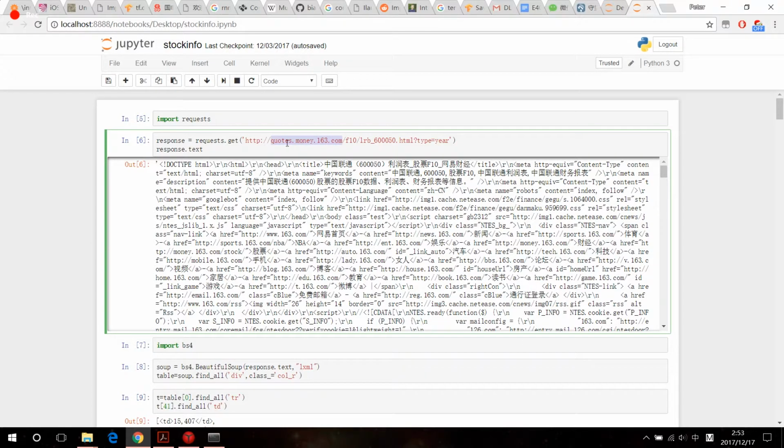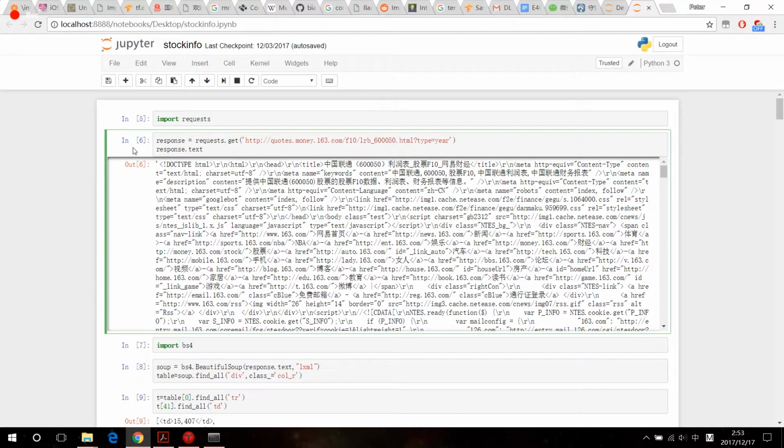You can see course.money.163.com, and we collect stock information of stocks in China, which is the Shanghai stock market.